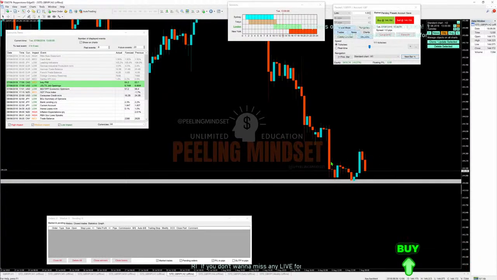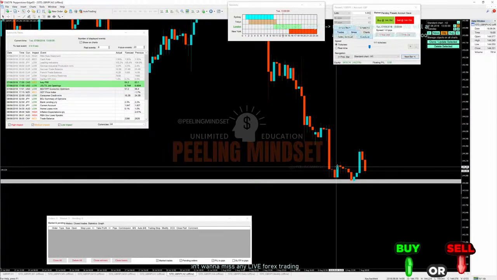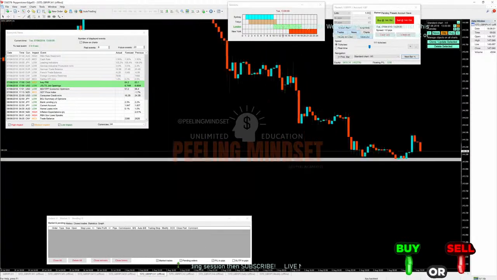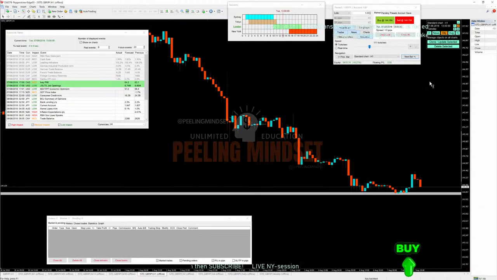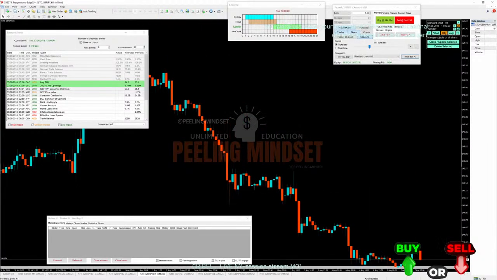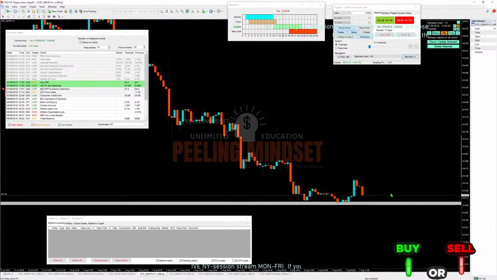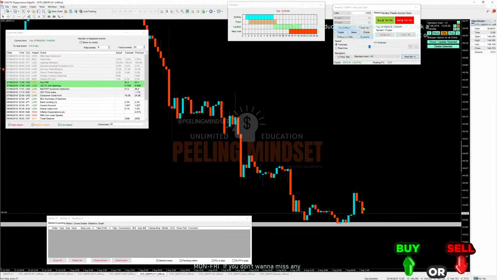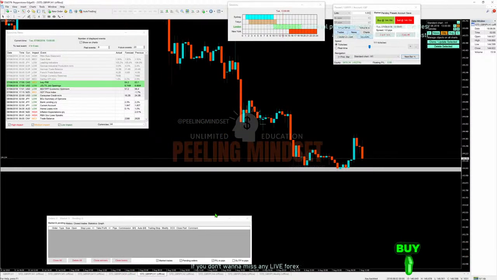If it closes within this range, the bias could still be sell. Let's look into the hourly time frame. The previous hourly candle closed bearish with a rejection wick on the top. So the bias is still sell. Now, if I have to look into the market in this sort of a view, right?